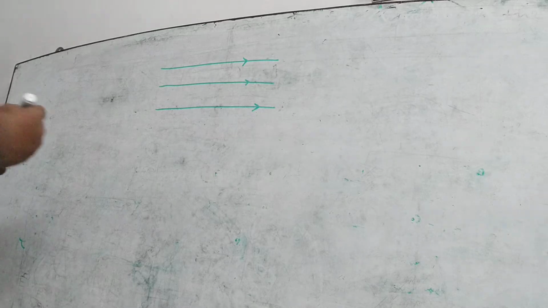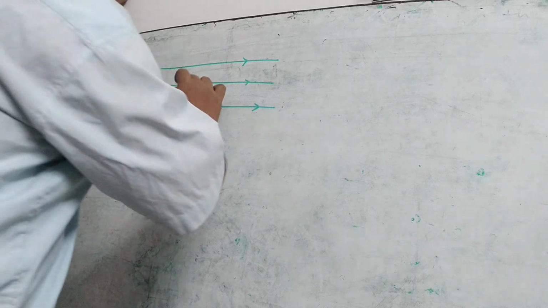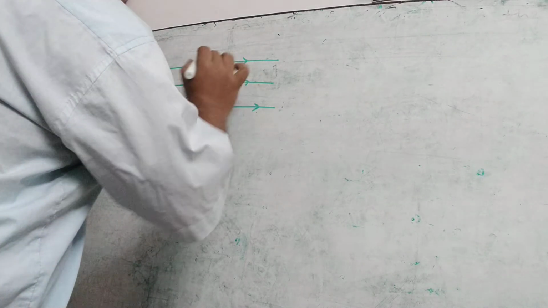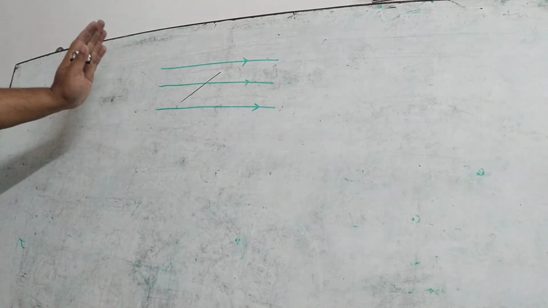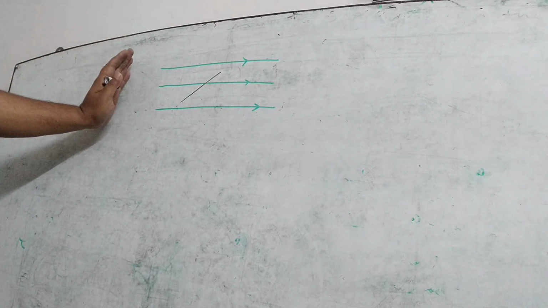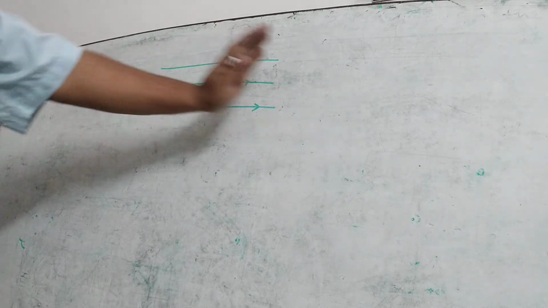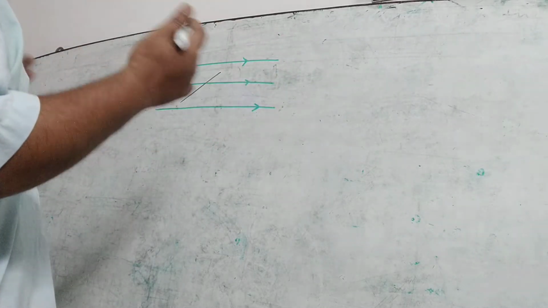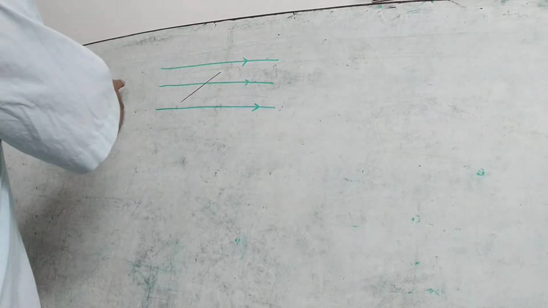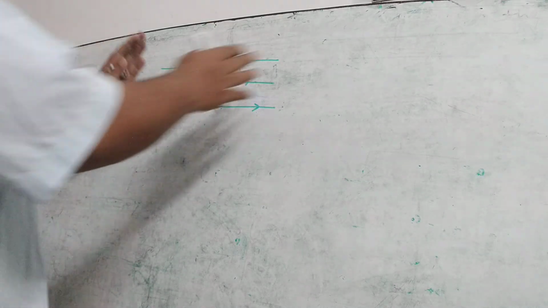We consider a uniform electric field, which is denoted by parallel lines of force, and electric lines of force are directed from positive charge to negative charge. Therefore, the external electric field is directed from left to right.